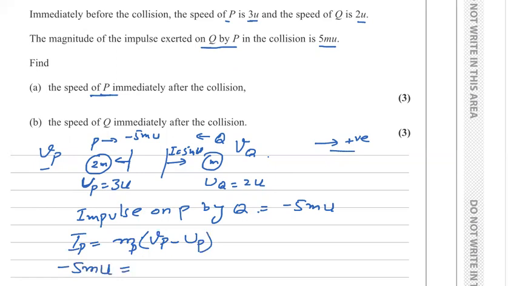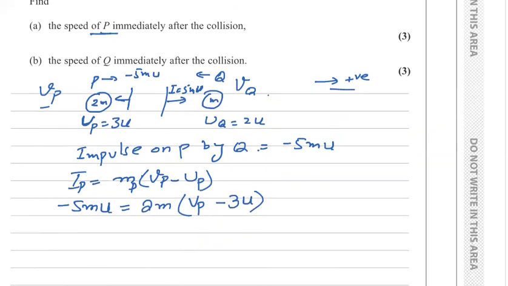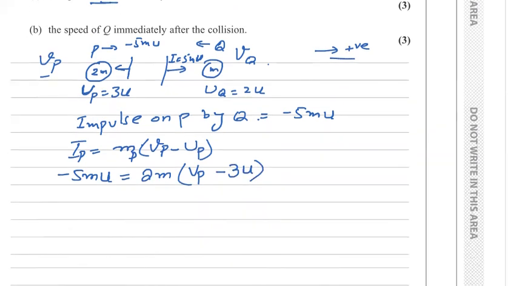That is equal to mp, the mass of P is 2m, into final velocity of P that we have to find, Vp, minus initial velocity of P, which is 3u.